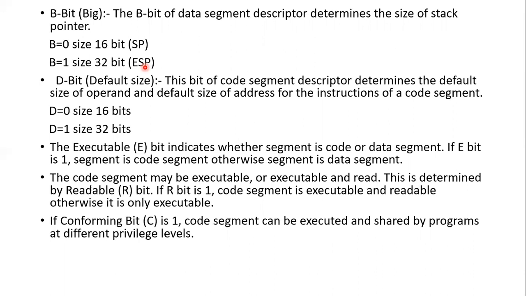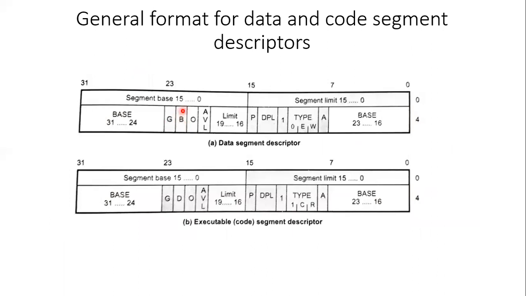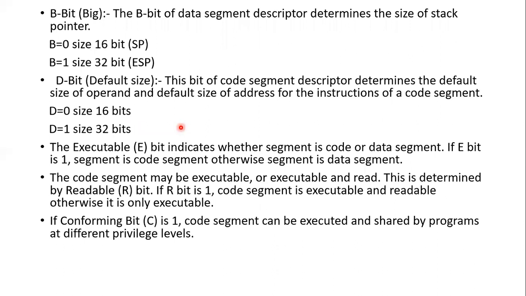So wherever E is added, the meaning of E is extended, so ESP is the extended stack pointer. Extended means it comes under the category of 32 bits. So whenever this B bit is 0, it denotes that it is 16 bit, and whenever this bit is 1, it denotes that the stack pointer is 32 bit, that is, the extended stack pointer.